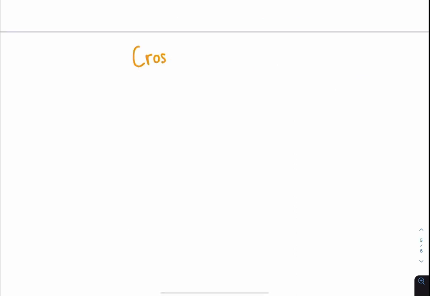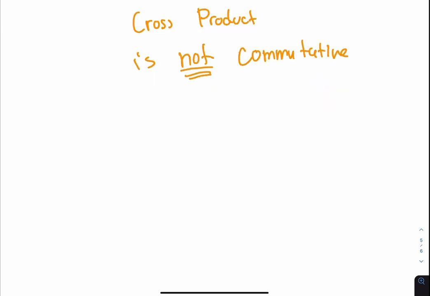I want to mention really quick that the cross product is not commutative. Now let's think about why this may be. If we point our index finger towards the first vector and our middle finger towards the second vector, we'll inevitably point our thumb into or out of the page.